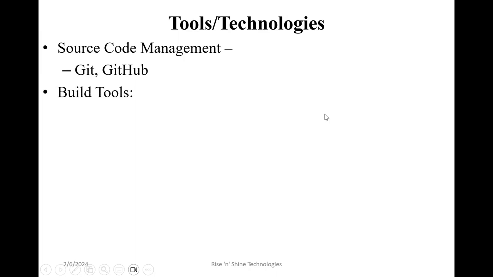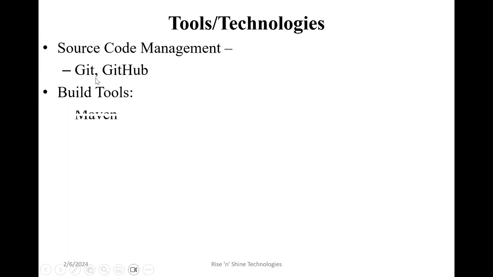Now, build tools. What are the build tools that we use? Yeah, that is Maven. Now we are talking about that. So we know the stages and process models, but to define them, we take the help of the tools. We don't do it manually.